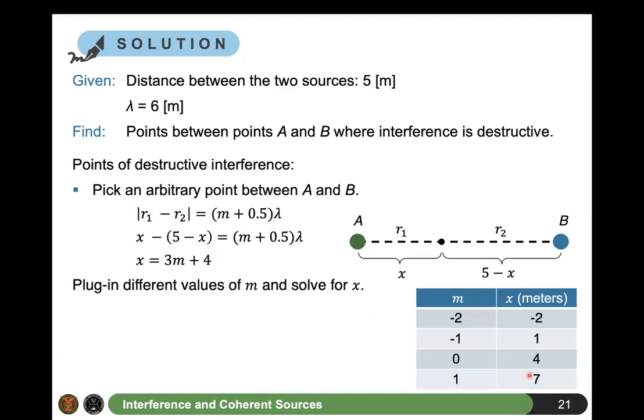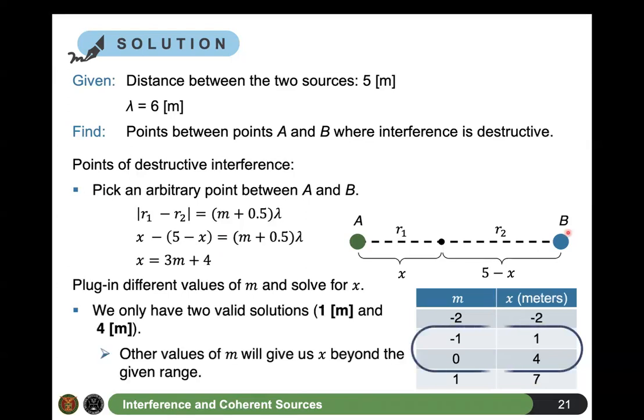Okay? So, again, meron naman tayong dalawang valid solutions. Yung negative 2 meters, hindi pwede kasi that is beyond the distance between A and B, as well as yung when x equals 7 meters. Sobra naman yon. So, dalawa lang yung valid solutions: x equals 1 and x equals 4.